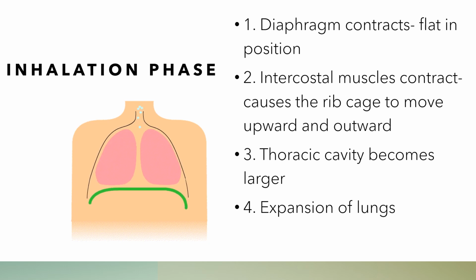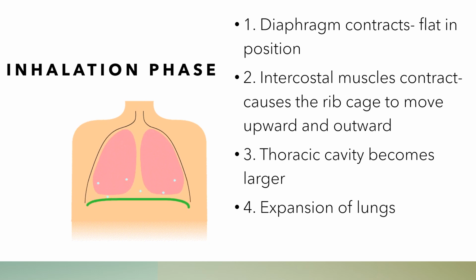So I just want you to try to inhale. Inhale, very good, and exhale. I just want you to know that during inhalation, your rib cage moves upward and outward. Okay? How about your thoracic cavity or your chest cavity? It becomes larger, just because there is expansion of the lungs.